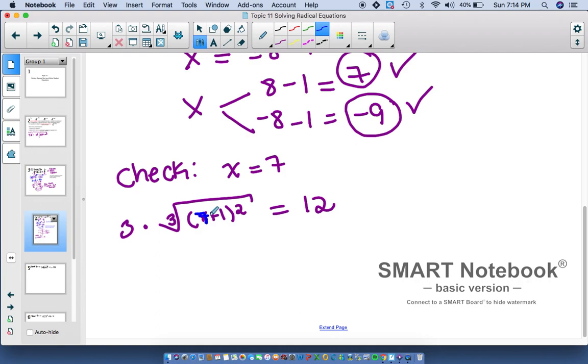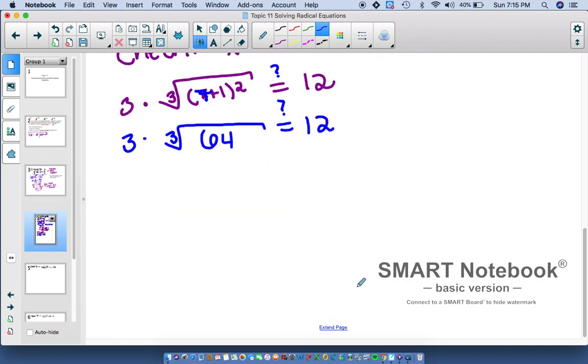Where there's an x, I'm going to plug in a 7. So 3 times cube root of 7 plus 1 squared. That's 8 squared, right? So that's 64. Is that equal to 12? Remember, you're checking to make sure that both sides are balanced.